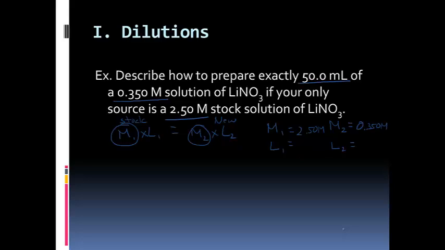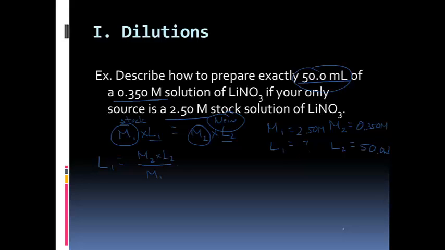The new solution has to have a final volume of 50 mLs. Notice L stands for liters, but because L is on both sides of the equation, I can still do it in milliliters. So 50.0 mLs. So I'm solving for L1. Rearrange the equation. L1 is equal to M2 times L2 over M1.